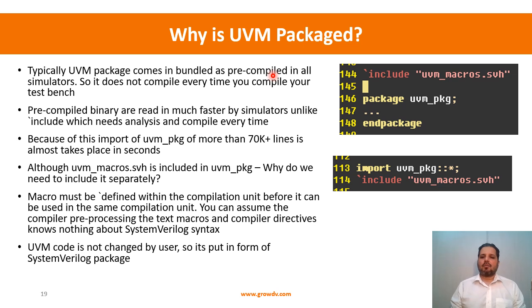You can imagine UVM is some 70,000 lines of code with more than 300 base classes, and all of it happens within a few seconds. If we had done a tick include, then every time it has to go through the process of analyzing the source code, and that itself would have taken a very long time. That is the reason why UVM is pre-compiled and then pre-packaged and delivered to the users.